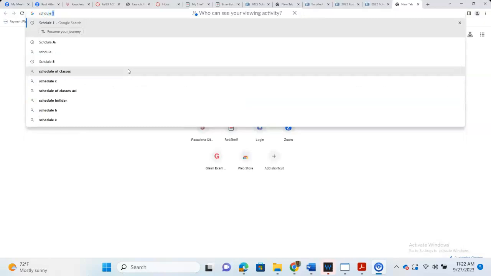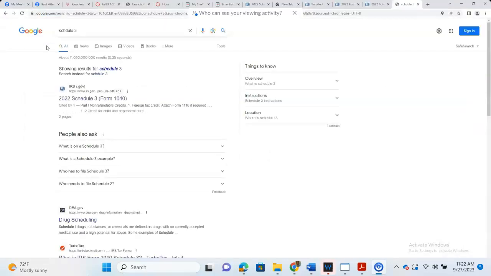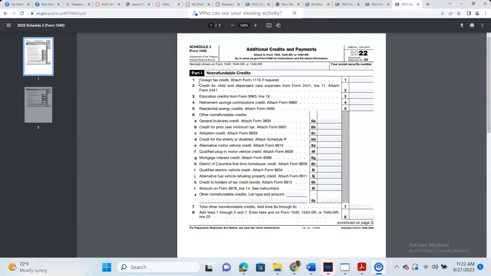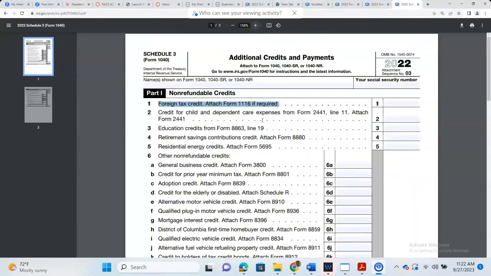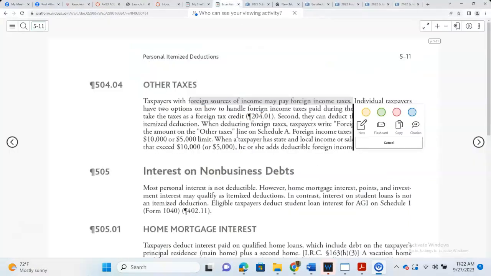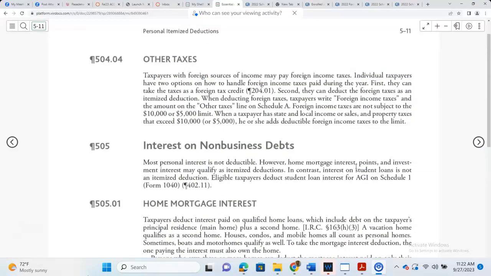I always forget that. Yes, Schedule 3, line 1. That's where you need to put it. Okay? That's the best place. Don't put it in itemized deduction.